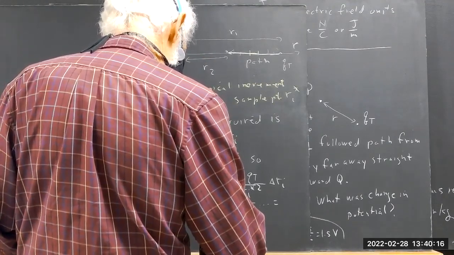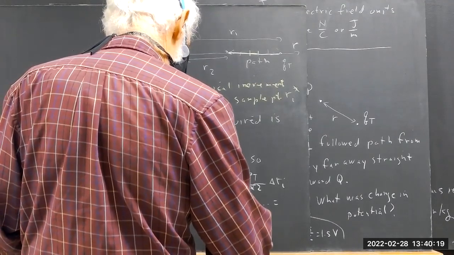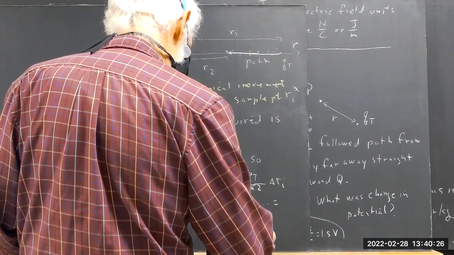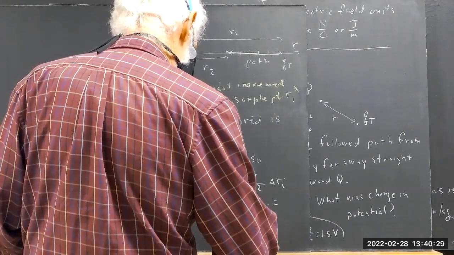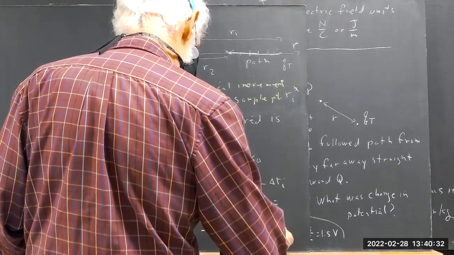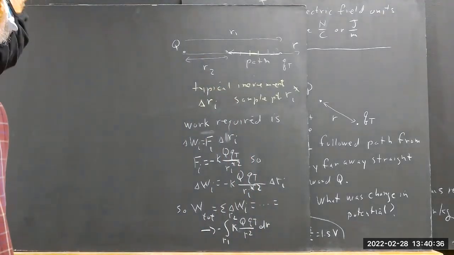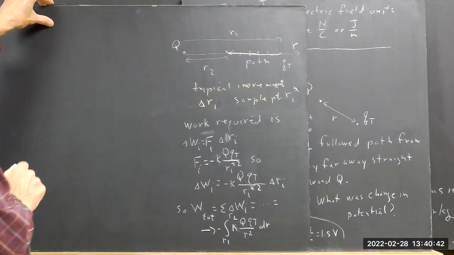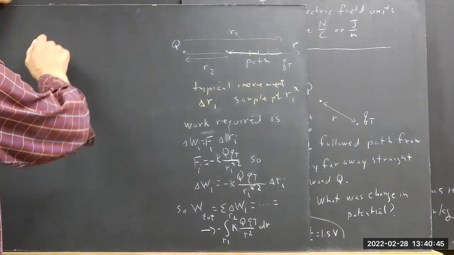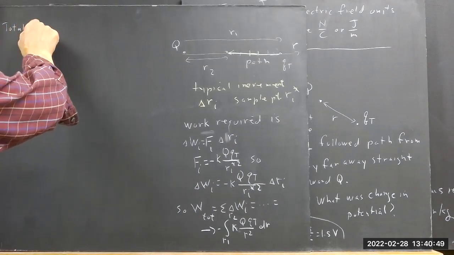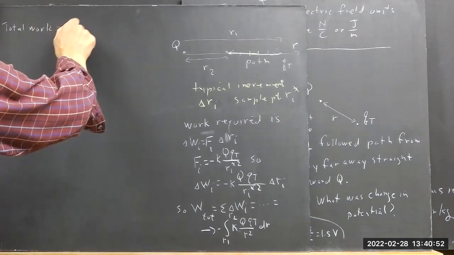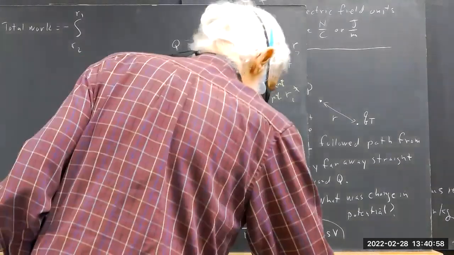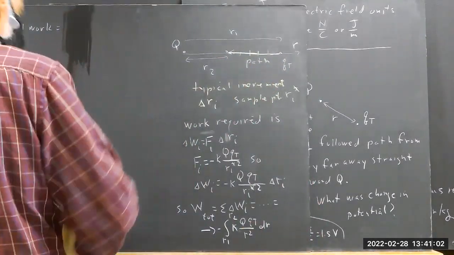the integral from R1 to R2 of negative K big Q times QT over R squared dr. So let me just pull out the constants there.